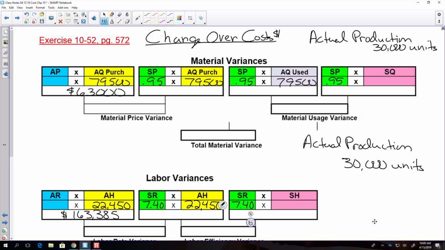Basically the standards here are to determine if our changeover, what does changeover in production mean? Basically means that we're going from one style of t-shirt to another. There's a setup of equipment, a changeover requirement here. So that's what we're trying to determine if we've done appropriately within the standard set. Did we use the correct amount of material? Did our labor cost to do that changeover, was it adequate in this particular case?